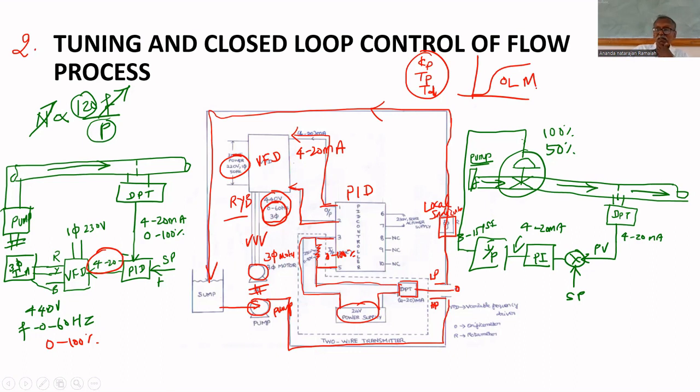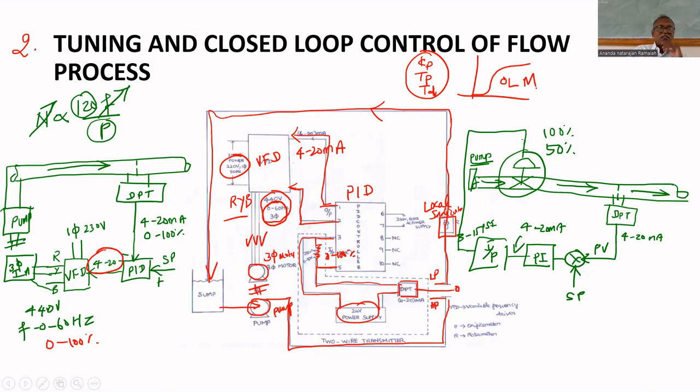Another method is called the closed loop method, which we are going to use here. The closed loop method can be used only for a fast process. For the level process, the time constant that we saw is about, I don't remember. Do you remember the time? 20 seconds or minutes? 20 seconds.